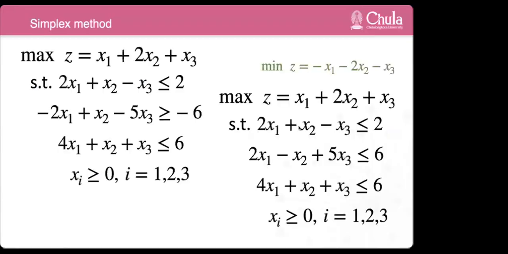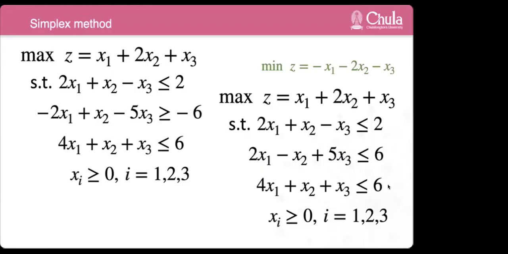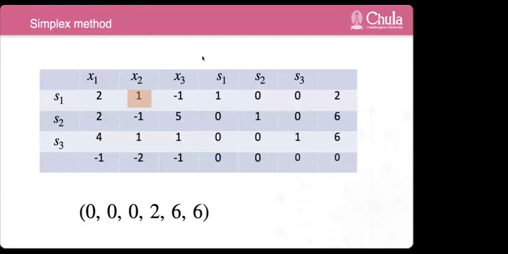The next one, 4, 1, 1. 4, 1, 1, 0, 0, 1, right? And on the right hand side is 6. And what about the objective? It is minus 1, minus 2, and minus 1. 0, 0, 0. 0.